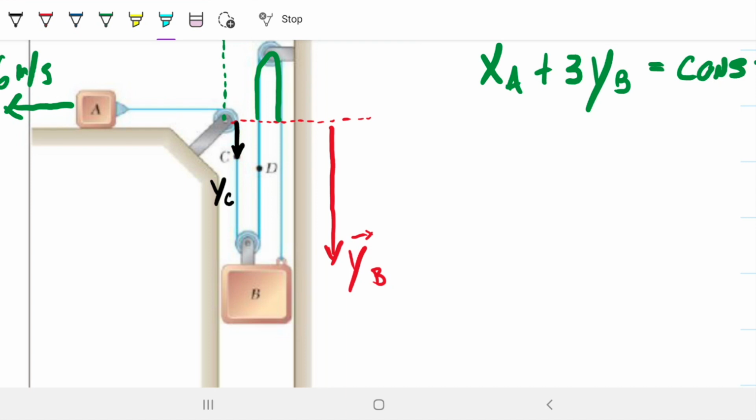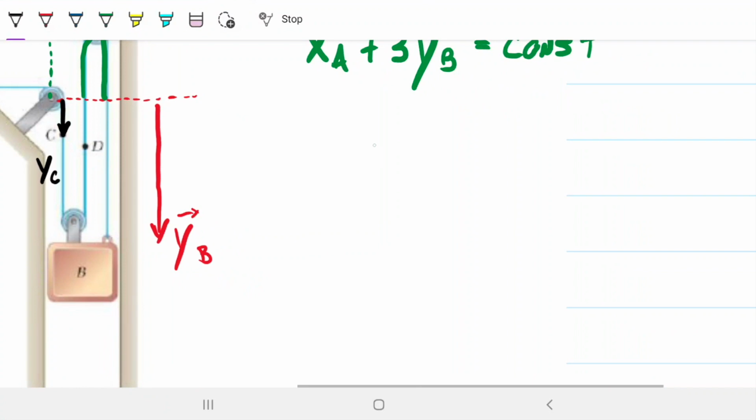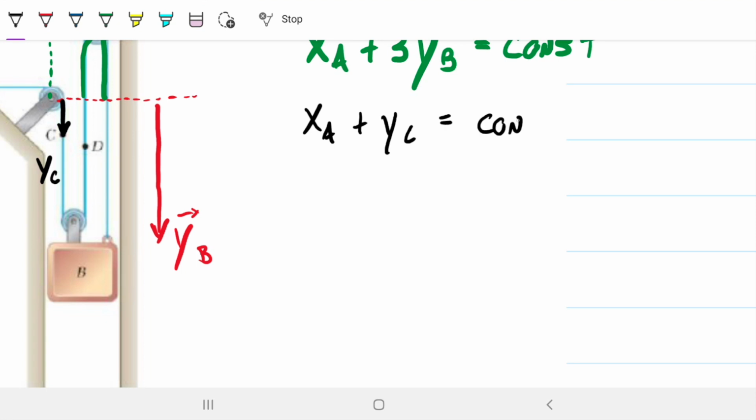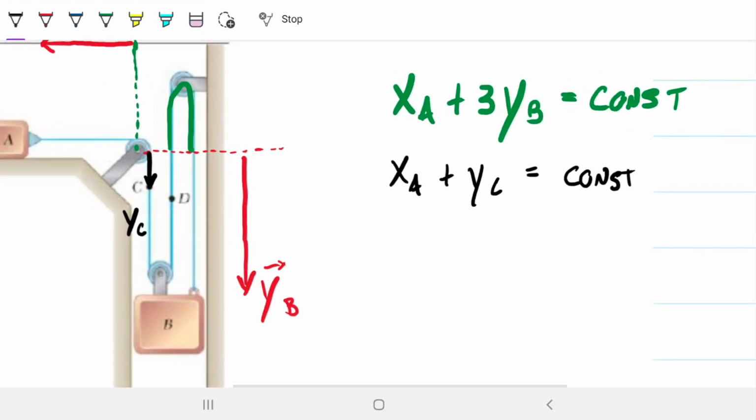In other words, XA plus YC also has to be a constant. A different constant, obviously, because this is going to be greater than this, but that's not what I'm interested in. I'm interested in having those equations set up so I can find the velocity equations.